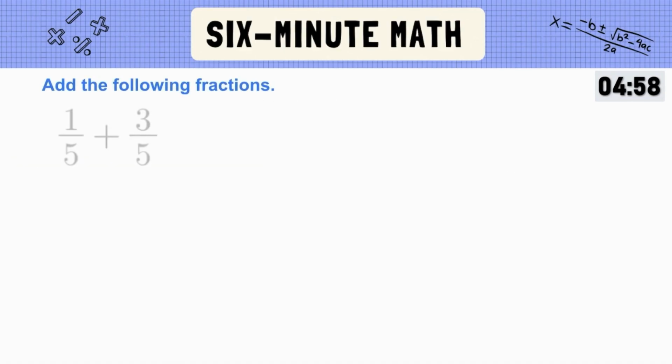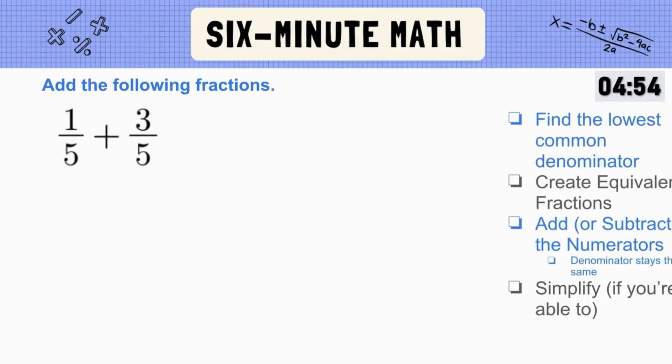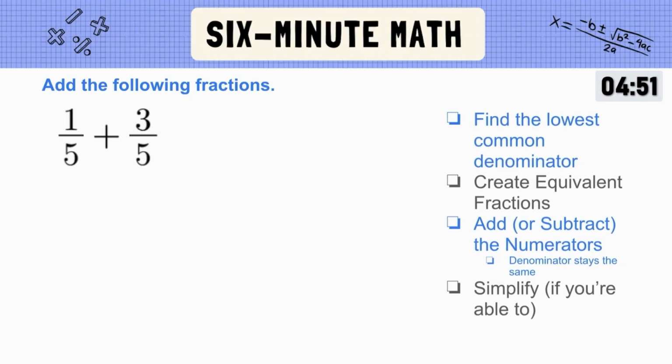We're going to add the following fractions: 1/5 plus 3/5. Here is my handy little checklist. So our first thing we need to do is find the common denominator. In this case, both my fractions have the same denominator, so that one is checked. I have no need to create equivalent fractions if they already have the same denominator.